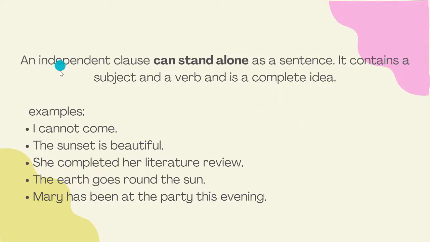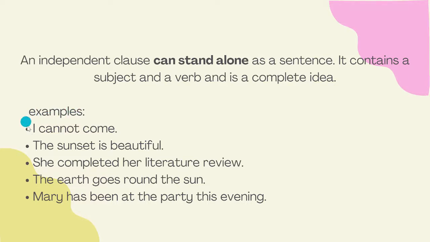So an independent clause is actually, and we can also call it, a simple sentence because it can stand alone as a sentence. Okay? So the example here, we can see: I cannot come. This is an example of subject and verb, which is also a modal here.